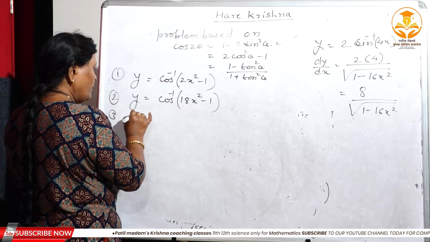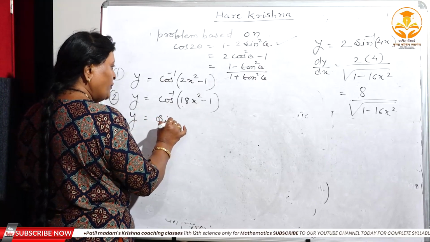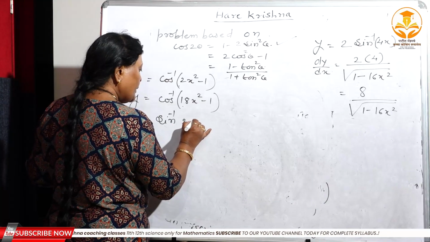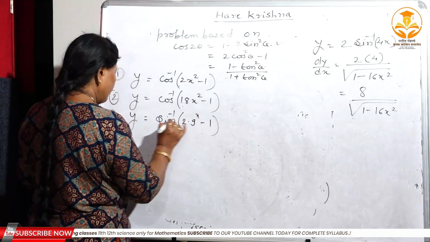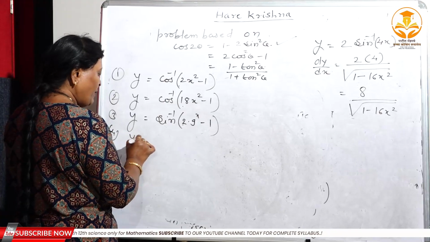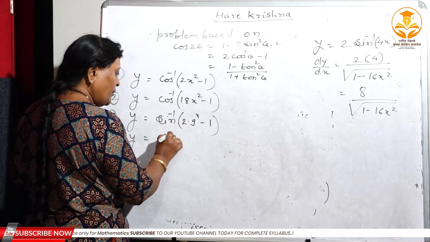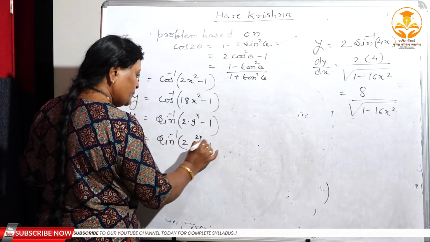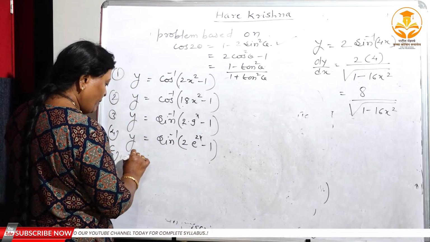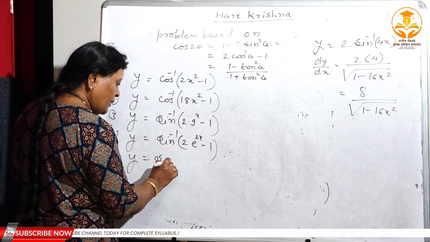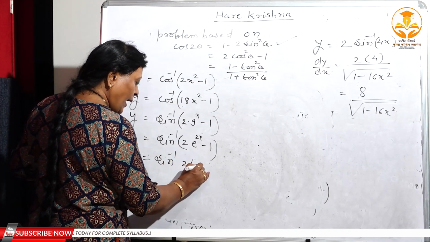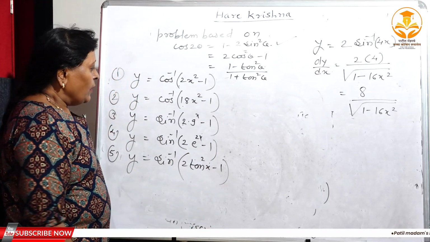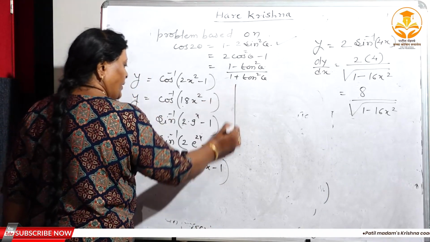Third one, y is equal to sin inverse of 2 times 9 to the power x minus 1. Fourth one, y is equal to sin inverse of 2 e raised to 2x minus 1. And the fifth one, y is equal to sin inverse of 2 tan square x minus 1. Isn't it?